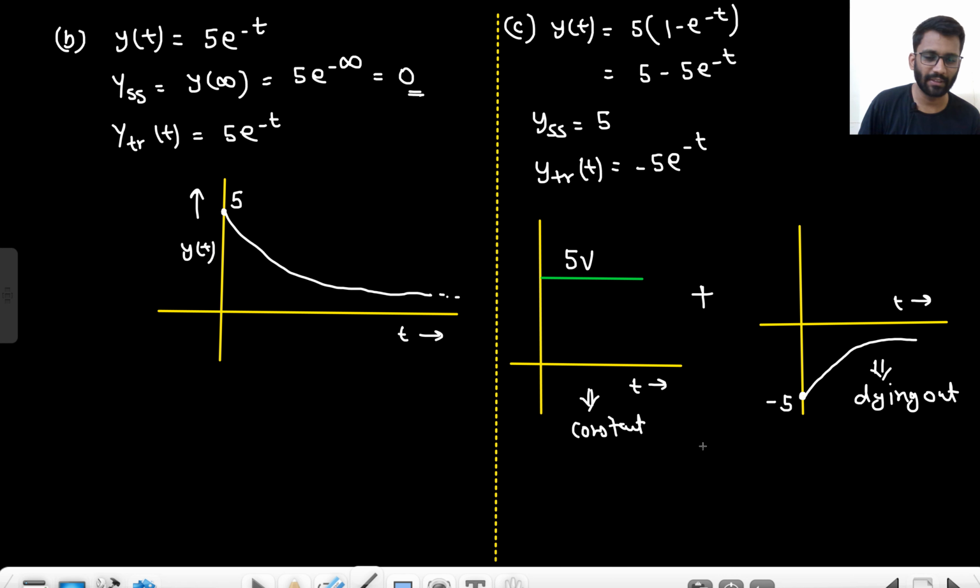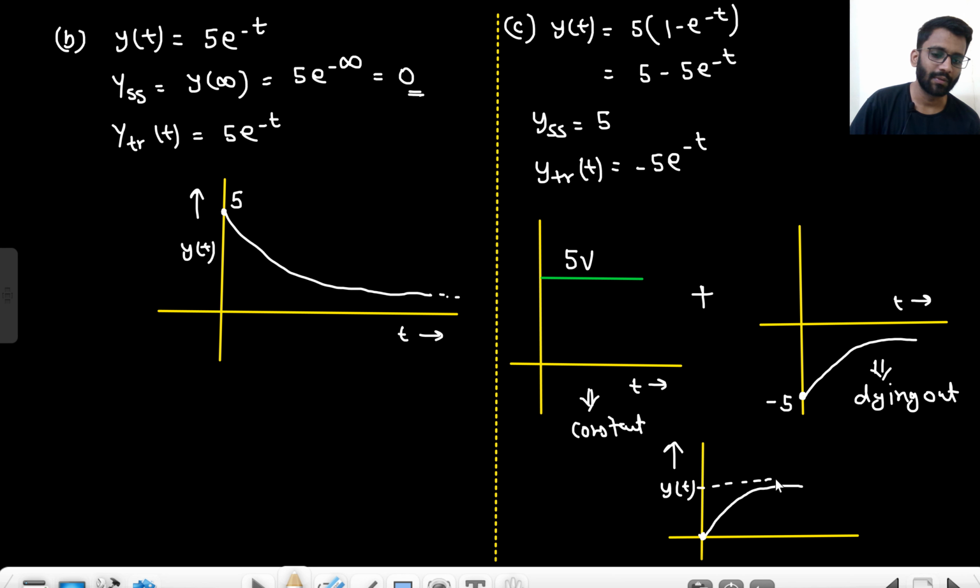And what is the final graph of y(t)? You can simply add them up. At t equals 0 you are having 0. And at t equals infinity, this part will die out, only 5 volt will remain. So from 0 it will go to 5 volt.